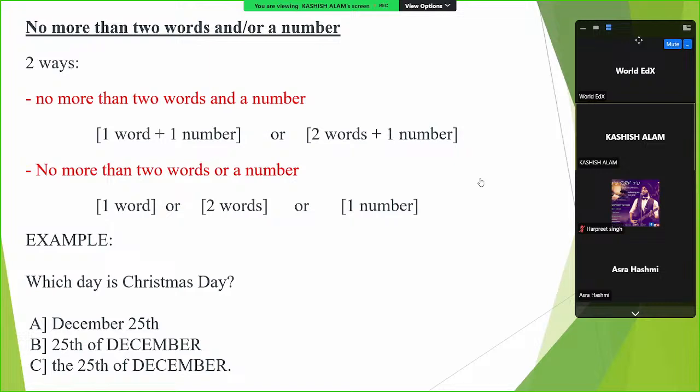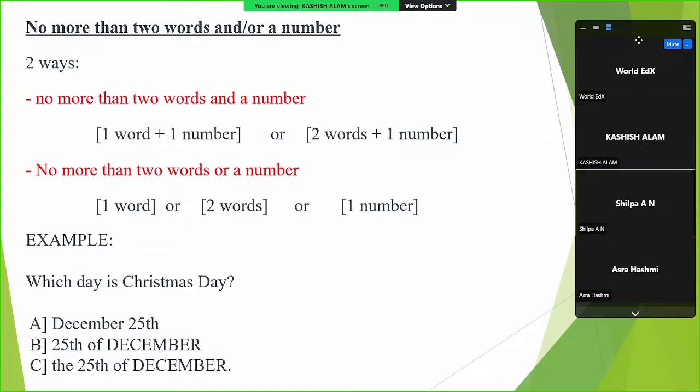All right. So here, B is the answer. The instruction says no more than two words and or a number. So in that case, December is one word, 25th is one number. That means it's a combination of one word and one number.